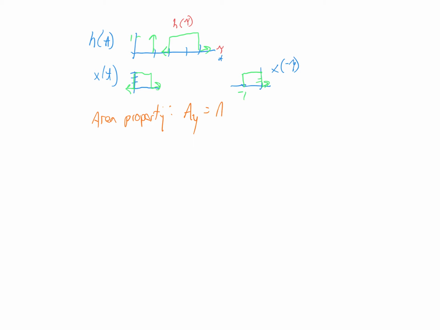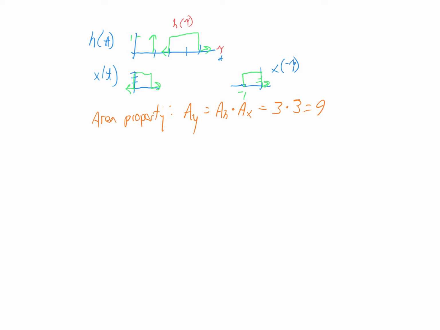It's going to be the area of H times the area of X. And the area of H is going to be 3 because the impulse has area 1, and then I have a 1 volt pulse for 2 seconds. So the area under that H curve is equal to 3. The area under the X curve is also equal to 3 because it's 3 volts for 1 second. So if we do everything right, when we calculate our y of t, it should have area 9.